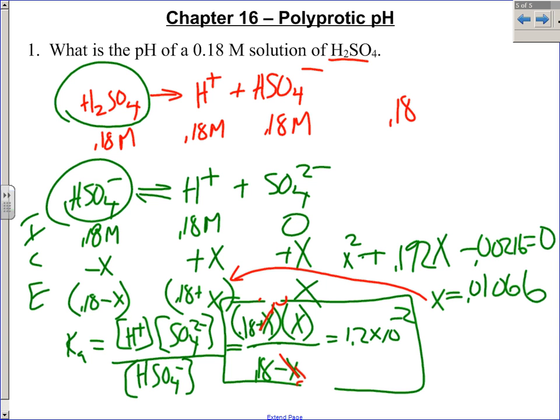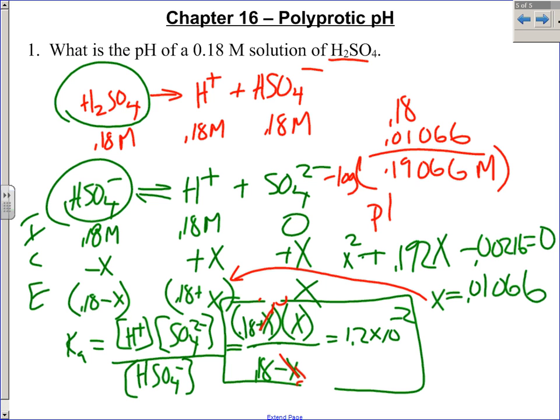So I had 0.18, and I just calculated that went up 0.01066. So what my actual concentration is going to be is 0.19066 molar. Now if I take the negative log of this value, I end up with a pH of 0.72, and that's my final answer.